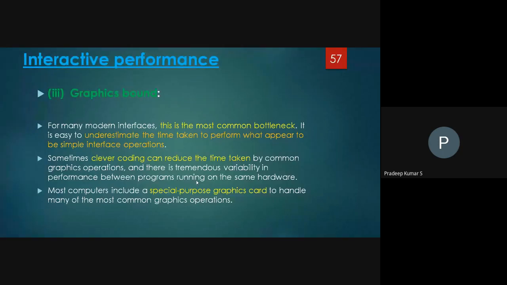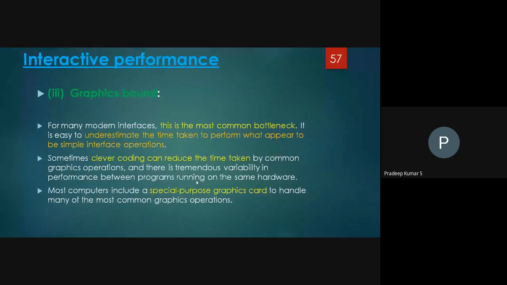After 10 seconds, I wrongly conclude that the application is not loaded properly. That is a misunderstanding, underestimating the time taken.